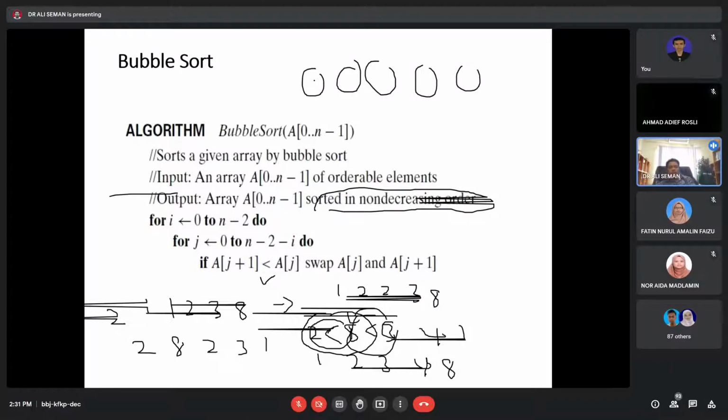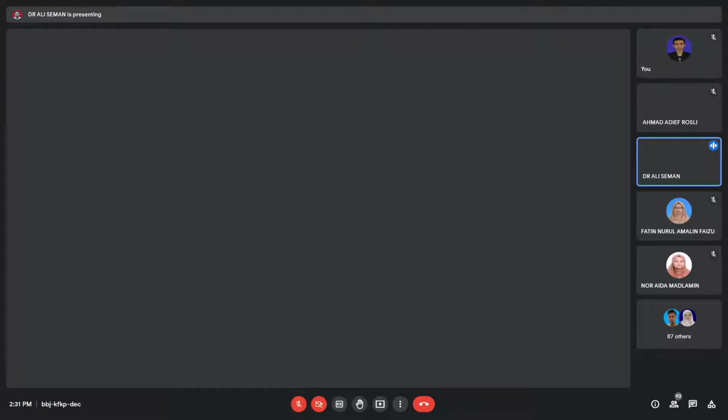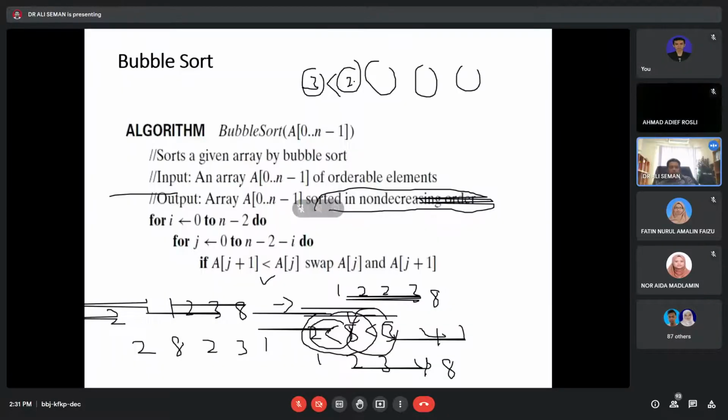So if this, let's say, this 3 and this 2, we compare here, when a[j+1] is less than a[j], when this is true, you swap. So this becomes 2, this becomes 3.